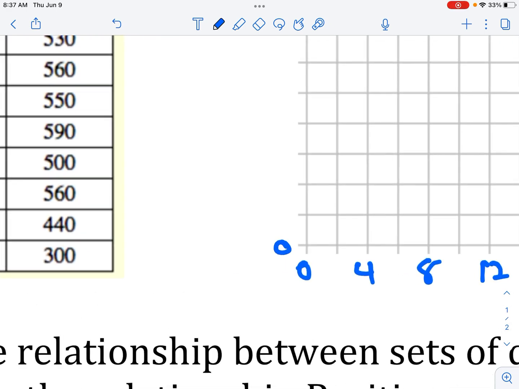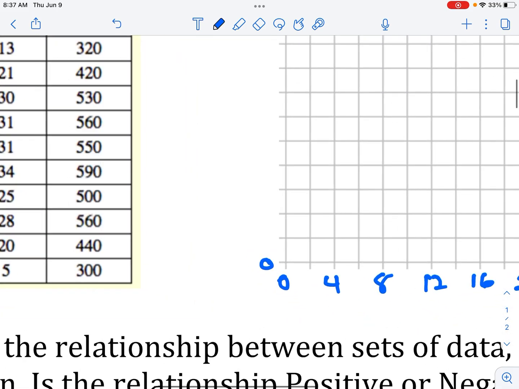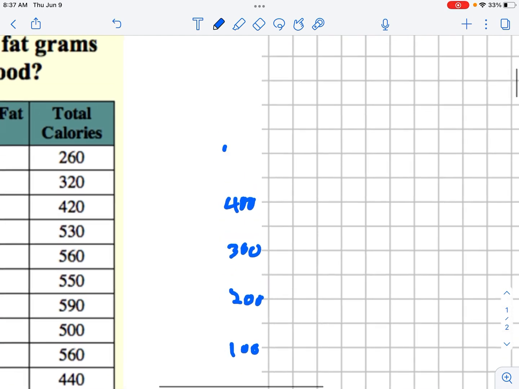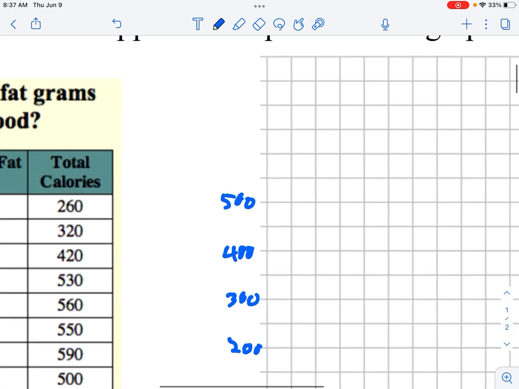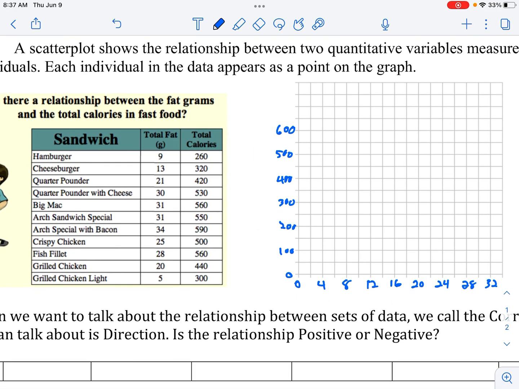This is going to be pretty big, though. We probably just need to go about every 50, so we're going to do 100, 200, 300, 400, 500, and 600. I'll just make it somewhat easy to figure out.